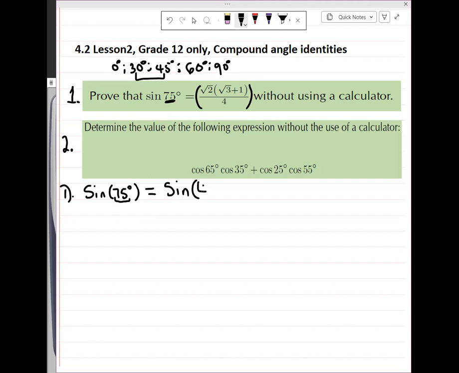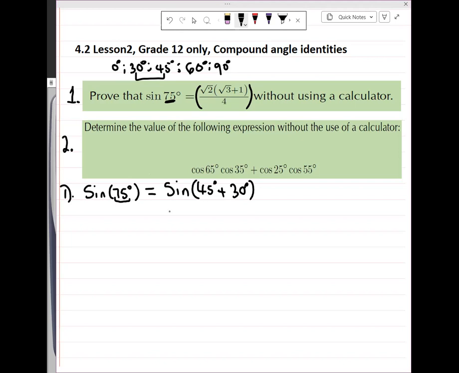So it's sine of 45 plus 30 degrees. I just represented this expression in this form. It's still the same thing.